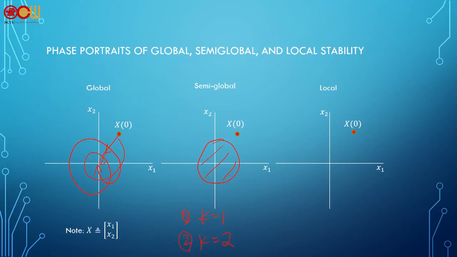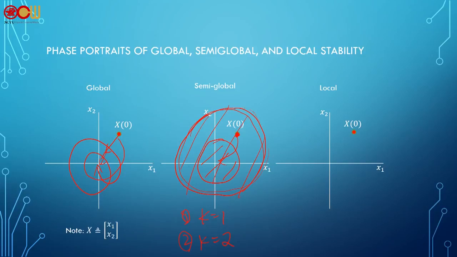You can increase k to 2 to enlarge the domain of attraction. Then you cover this initial condition, because you increased the control gain k.